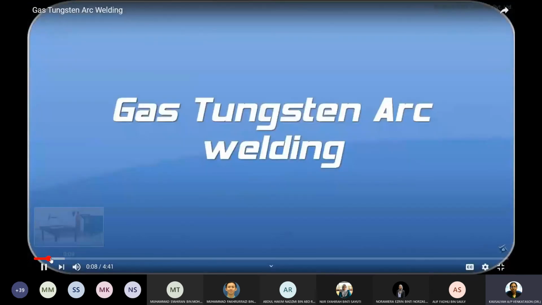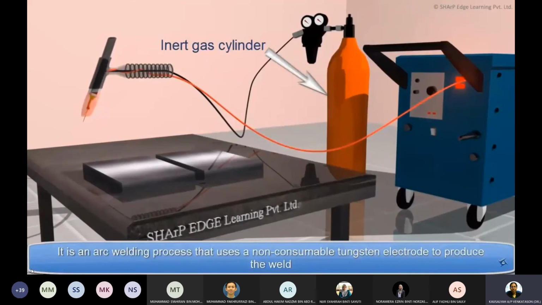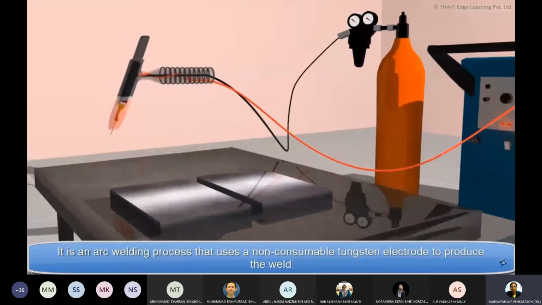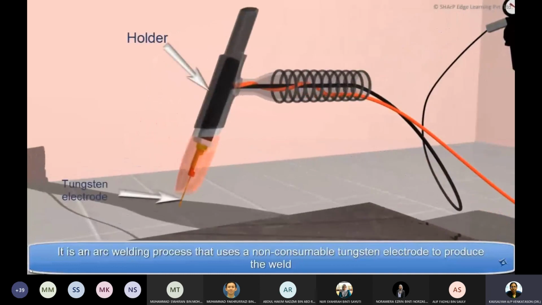Gas tungsten arc welding is an arc welding process that uses a non-consumable tungsten electrode to produce the weld.